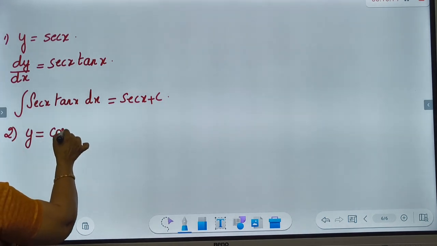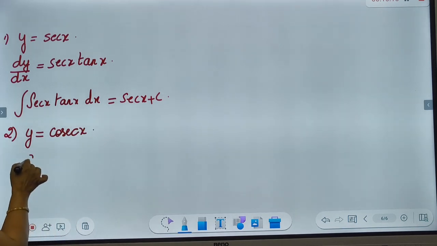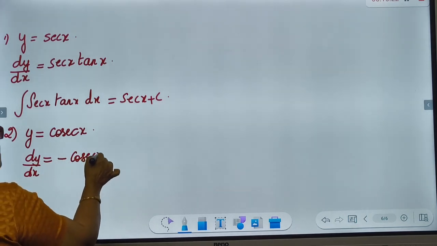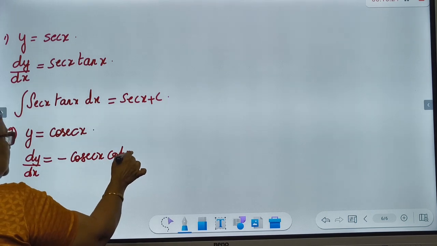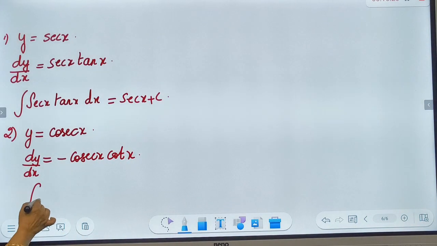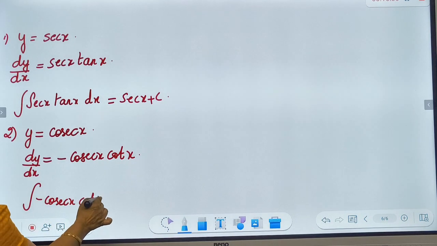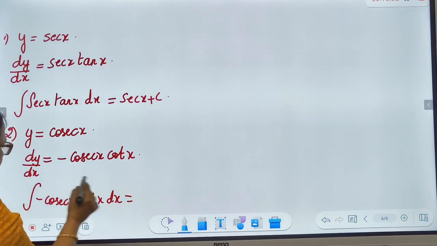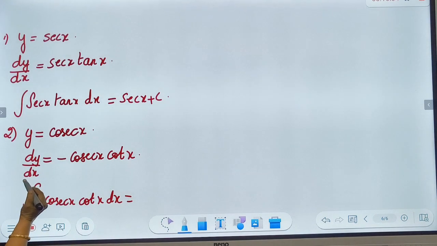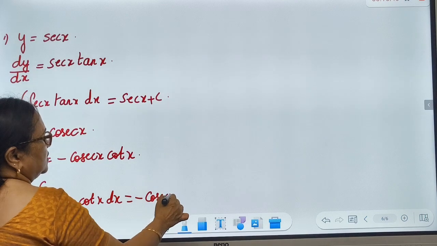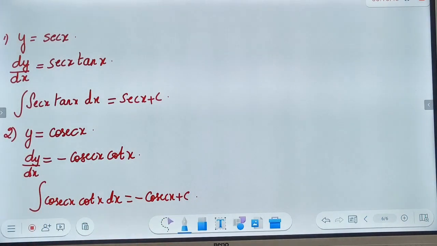Y equals cosecant x. Dy by dx will be minus cosecant x cot x. So integral of cosecant x cot x dx will be minus cosecant x plus c.